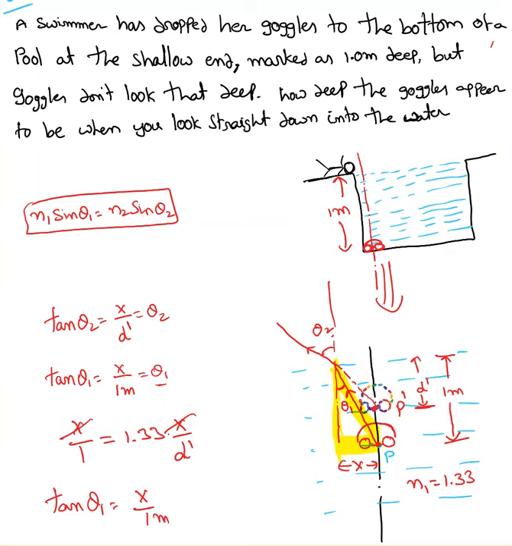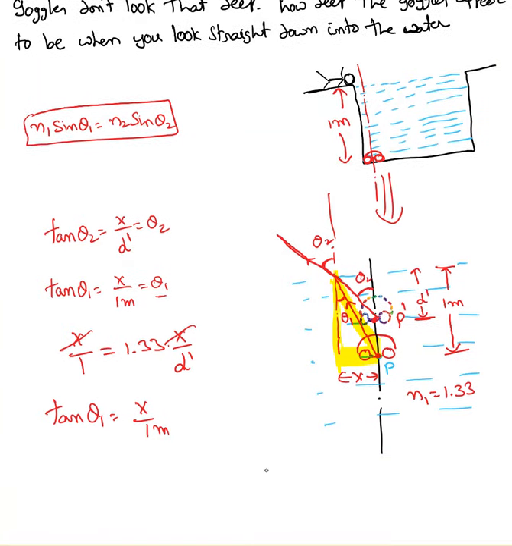In the same way, this is theta 2. Now if I extend this light ray straight back there, this theta 2 and this theta 2 are the same. That's where we're going to see the virtual image.